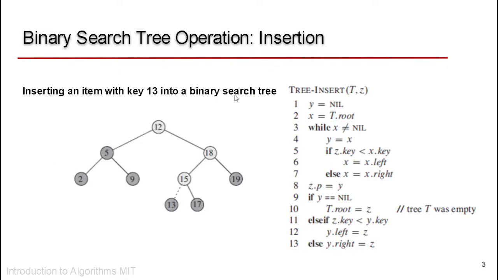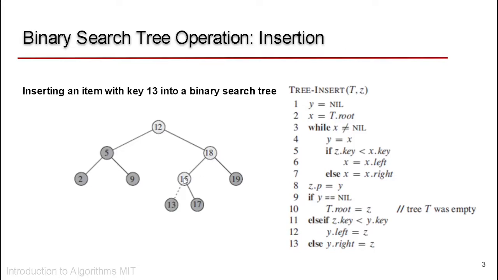Here I'm just giving an example. Let's see how we will add key 13 to this tree, 13 with a dashed line. 13 is bigger than 12, so if we apply this, it will be right. If we apply this pseudocode inside this while loop, 13 is z, 13 is bigger, so we go to the right. Then 18, 13 is smaller, so we go to the left. 15, smaller, so we go to the left again.